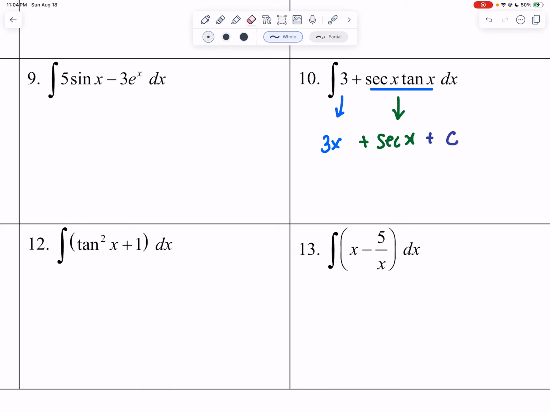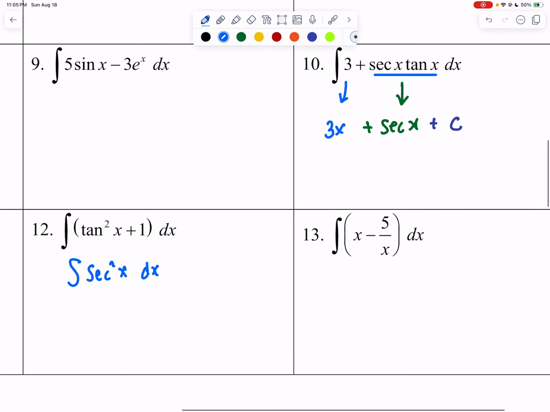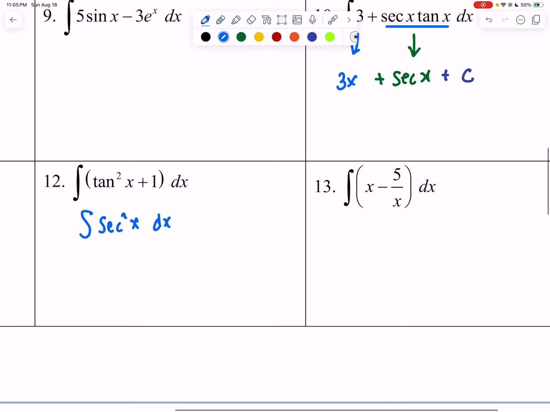This is the same thing as saying secant square of x. And guess what? We know what the antiderivative of secant square of x is. That is going to be tangent of x, because remember, the derivative of tangent of x is secant square of x. And don't forget your plus c.